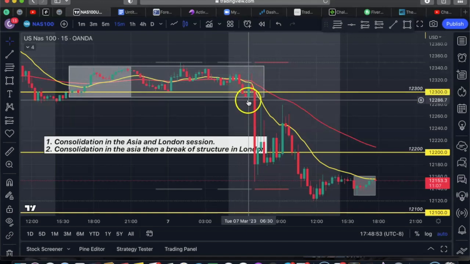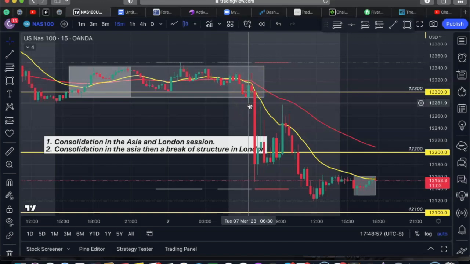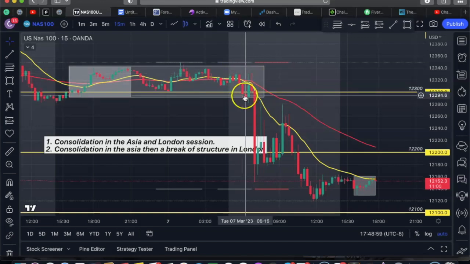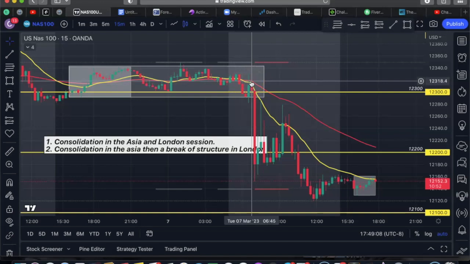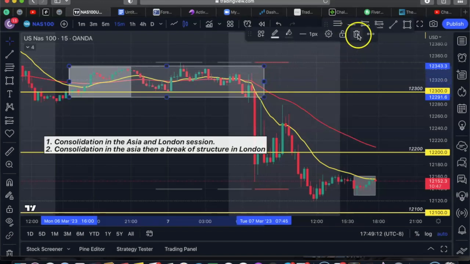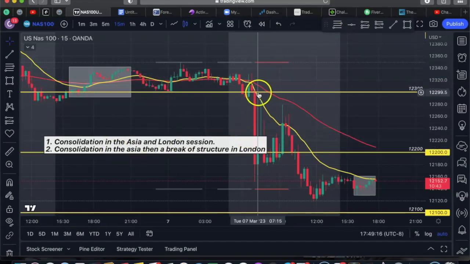Even though I didn't break it and close below it, I see a candle wicking it right here in the New York session. All the candles are starting to turn bearish. I would have seen this candle close below the EMAs and have them cross over, and I would have known that as a perfect sell entry right there. So a lot of the time, I like to see the consolidation in Asia, London, then it break structure in the New York session.